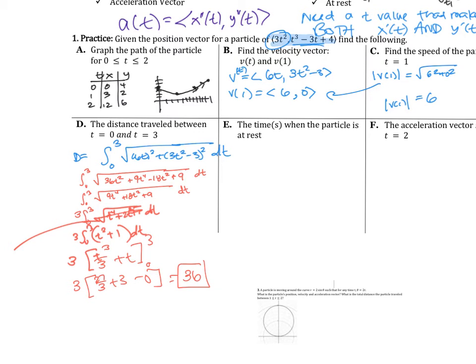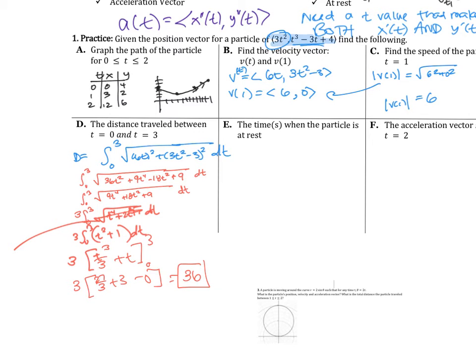All right, part E says, find the time when the particle is at rest. What that means is we need to take x prime of t, set that equal to 0, find y prime of t, set that equal to 0, and see which t values in both of those give 0. So let's start with x prime of t.